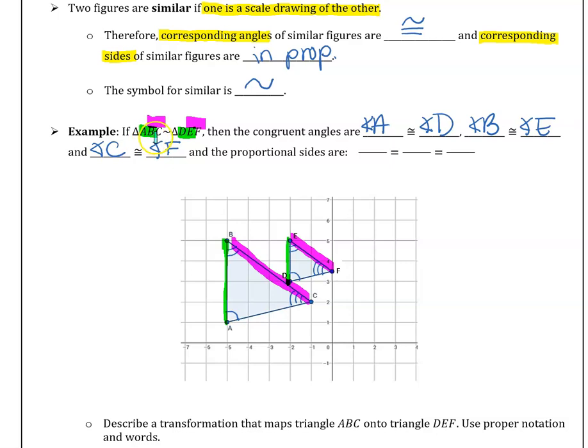And then finally, from the letters on the outside, AC would correspond to DF. So filling in those blanks over here, I have AB is to DE, as BC is to EF, as AC is to DF. So everything in the top came from the bigger triangle here, everything in the bottom came from the smaller triangle.